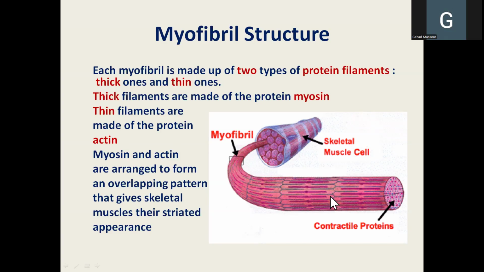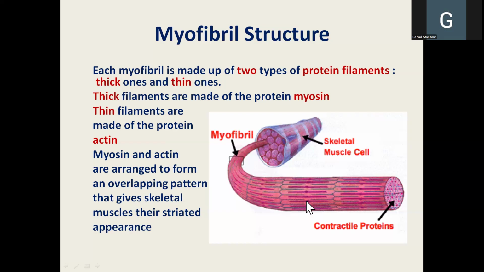And on both sides of every sarcomere, we have Z lines. So you have a Z line here and a Z line there. The sarcomere is the functional unit of the muscle, and it is bounded on both sides by two Z lines, to which are connected the actin filaments, and alternating with them, we have the thick myosin filaments.